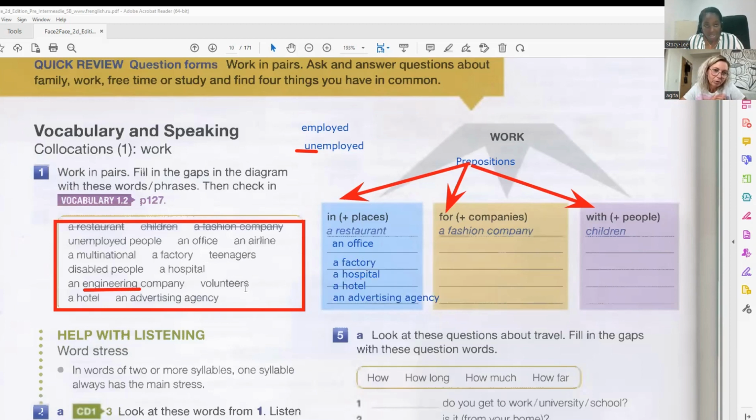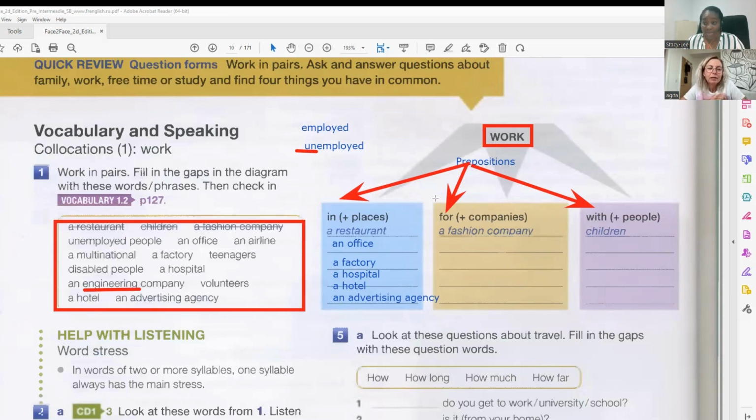Now we're going to the preposition for, right? We use for companies. We're talking about work. We work in places, we work for companies, and we work with people. So these are the different prepositions that we use with work.